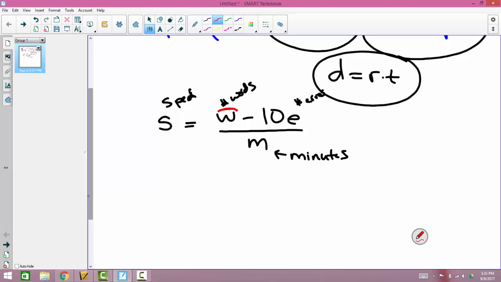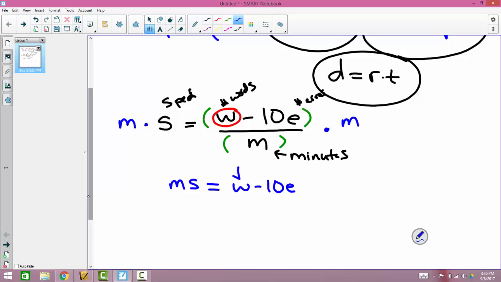If we want to get the W alone, the first thing you would have to undo in order of operations, because remember when you have division, there's like this parentheses in the numerator and the denominator. So the first thing to undo would be the M. We're going to undo that through multiplication. So we're going to multiply both sides by M. So now we have MS equals W minus 10E.